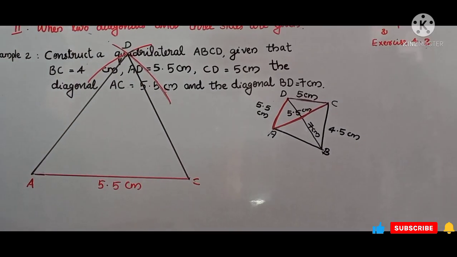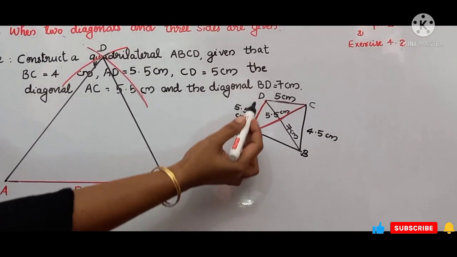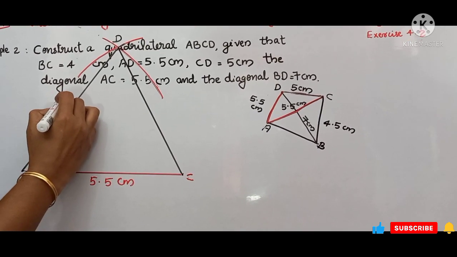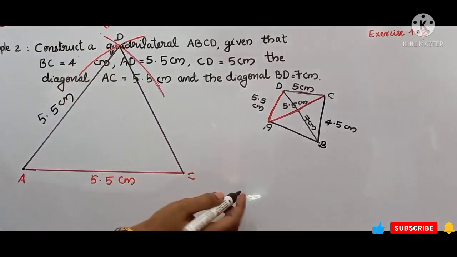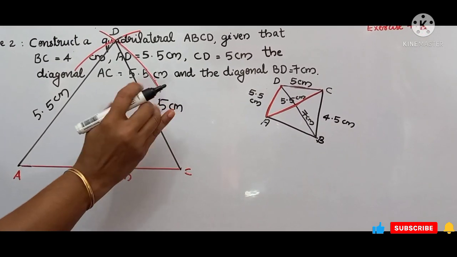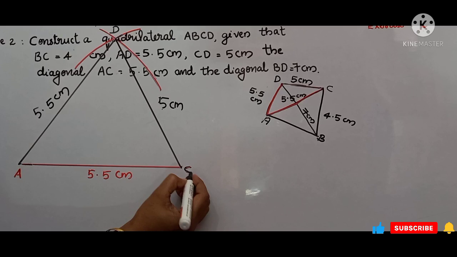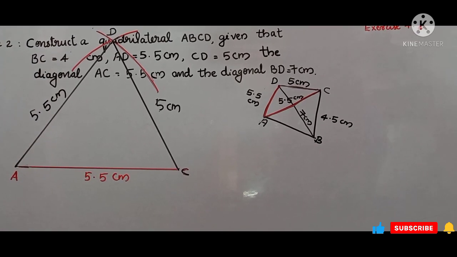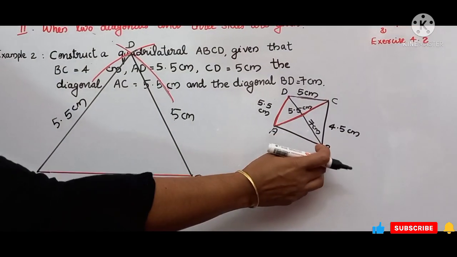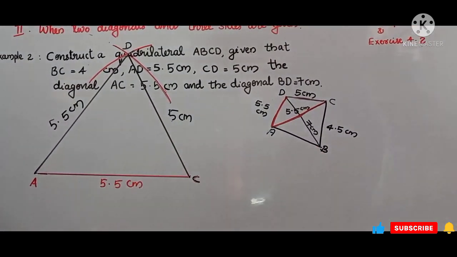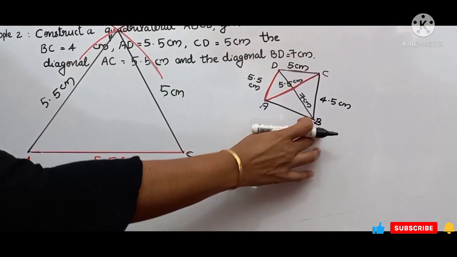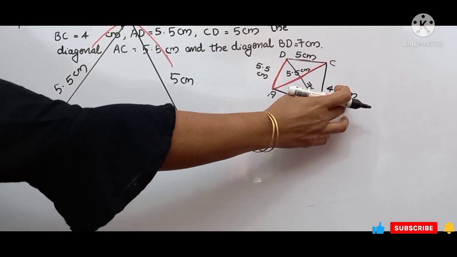Then we can write those measurements. Here it is AD 5.5 centimeter and CD 5 centimeter. Then next we have to find out that point B. Next point B we have to find out. It will come below this AC, so that from C, B is 4.5 centimeter away.